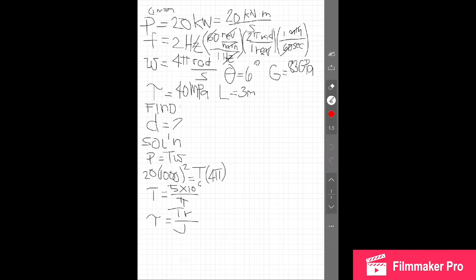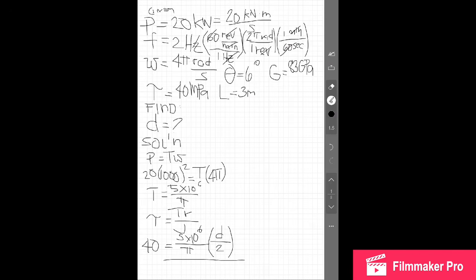Okay, so balik tayo dito. So the shearing stress is given as 40 megapascals. So 40 megapascal equals lang doon sa nakuha nating value kanina, which is 5 times 10 to the 6 divided by 5, multiply by the radius, so d over 2, divided by the polar moment of inertia.